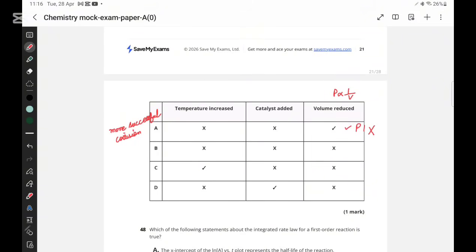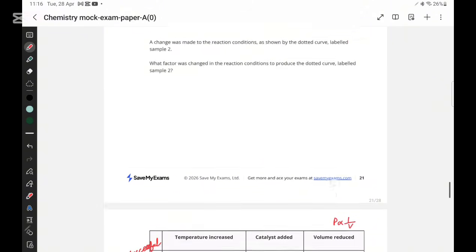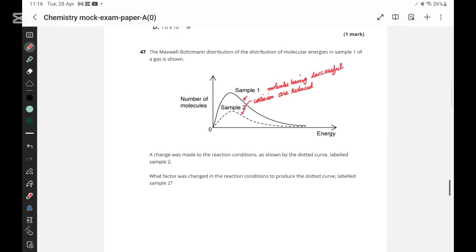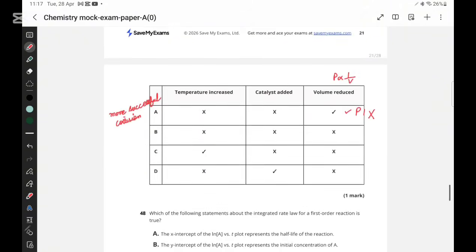Let's see option C. If temperature is increased, then the curve shifts down and to the right-hand side. Why? Because now molecules would have greater energies. As we know, temperature is directly proportional to kinetic energy.